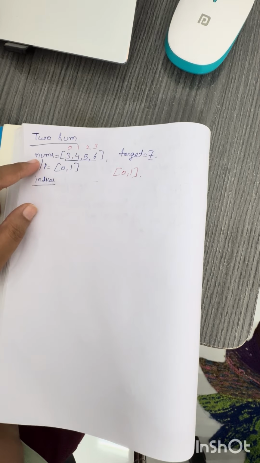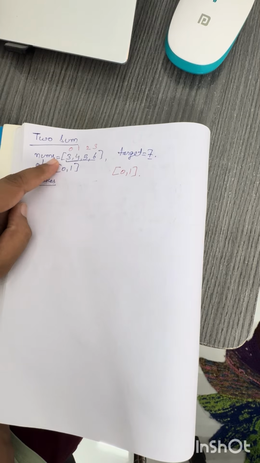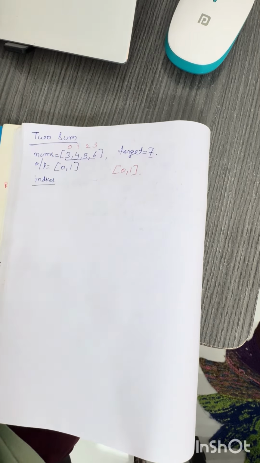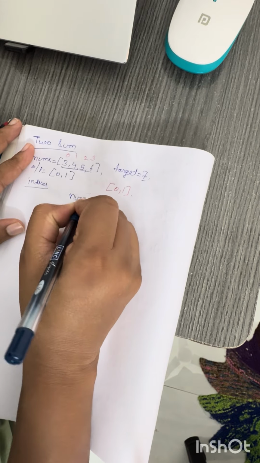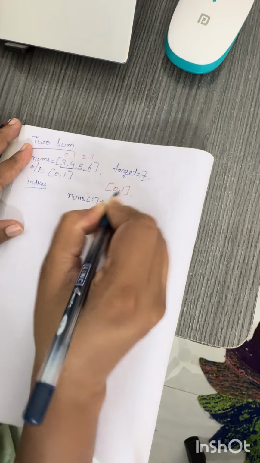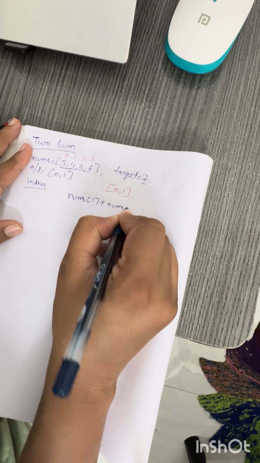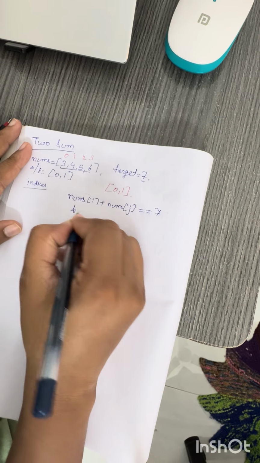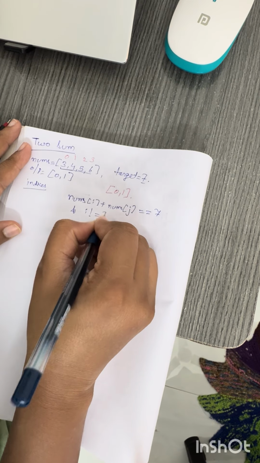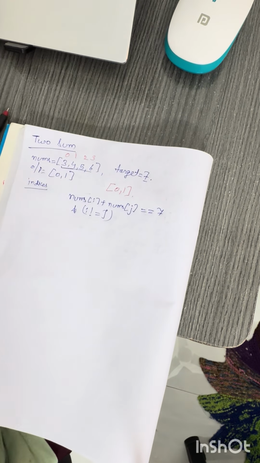So we need to return i and j, and the condition is that i should not be equal to j.